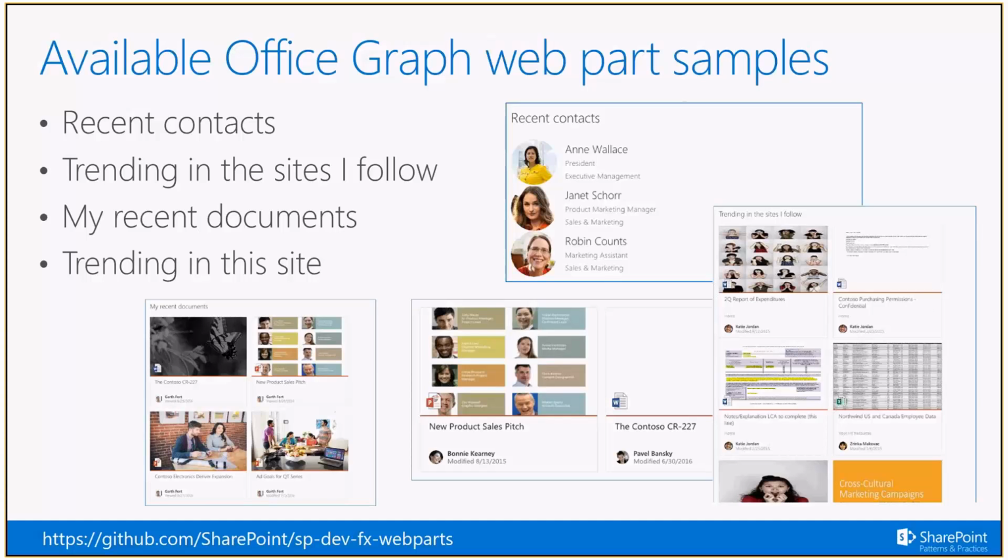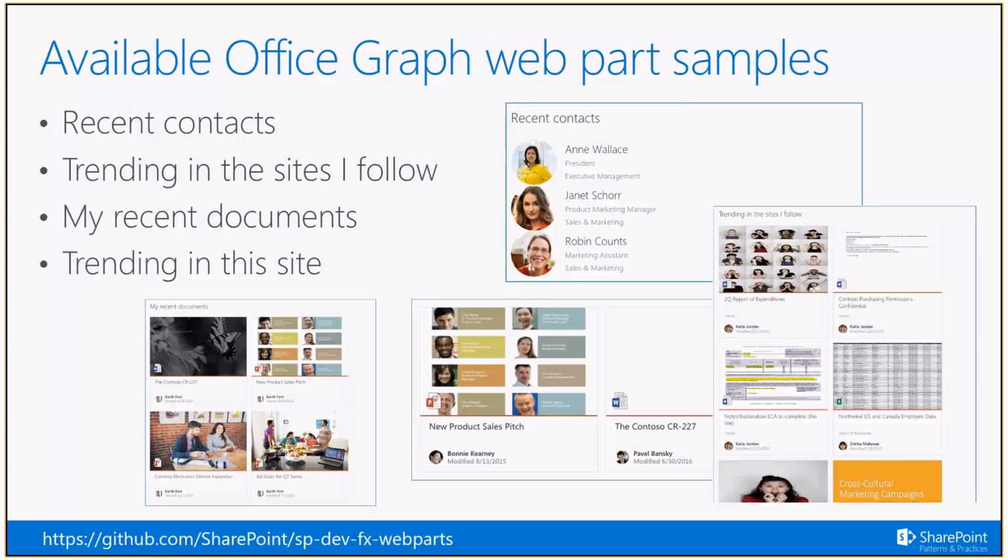Absolutely. And then the third one is My Recent Documents, so the stuff you've been modifying within the tenant, within SharePoint Online, within the SharePoint site collections, and then trending in this site. So what are the documents which are trending in this site? And that's a quite typical scenario.